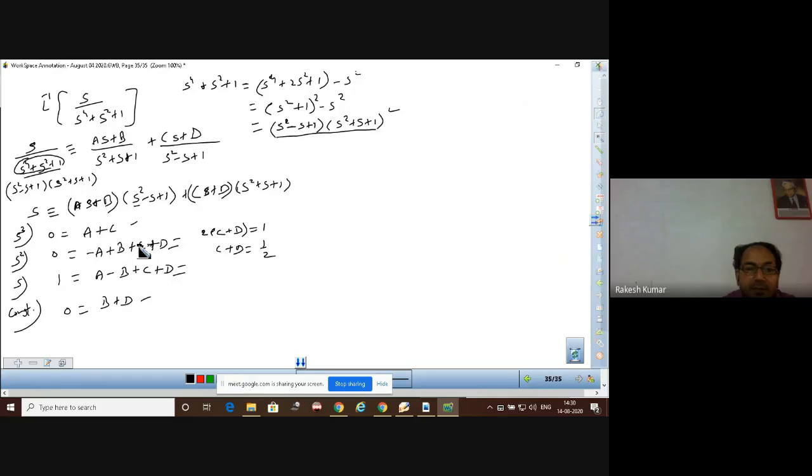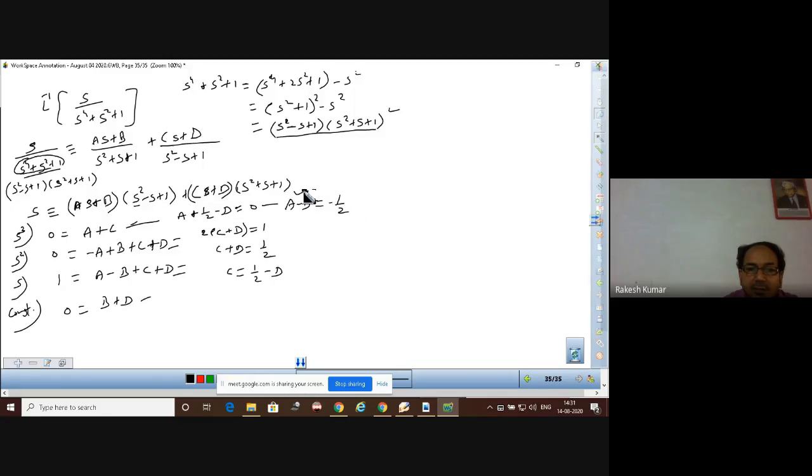And then we have, what will be the value of C from here? The value of C will be equal to 1 by 2 minus D. You can substitute the value of C in this, and you will get A plus 1 by 2 minus D is equal to 0. Ultimately, you will get A minus D is equal to minus 1 by 2.